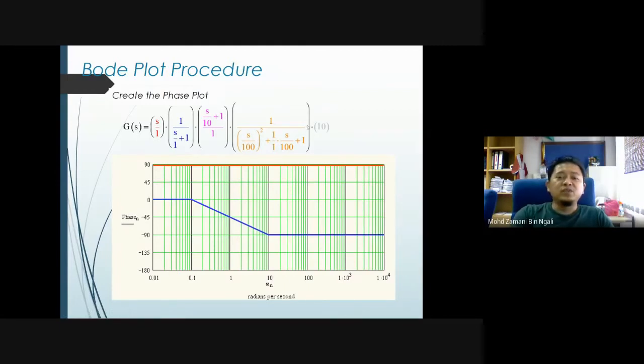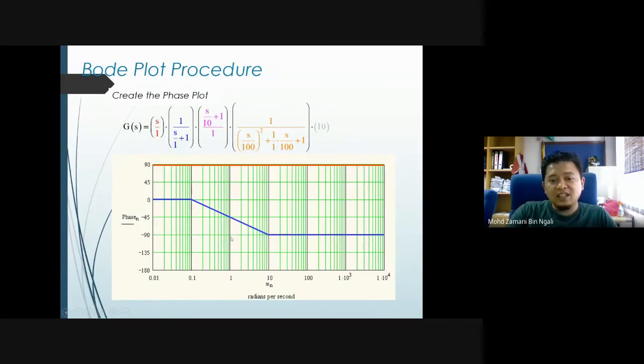If we have the denominator s over 1 plus 1, where is 1? 1 is here. So you will have the slope of this line, negative 90 degrees over 2 decades.